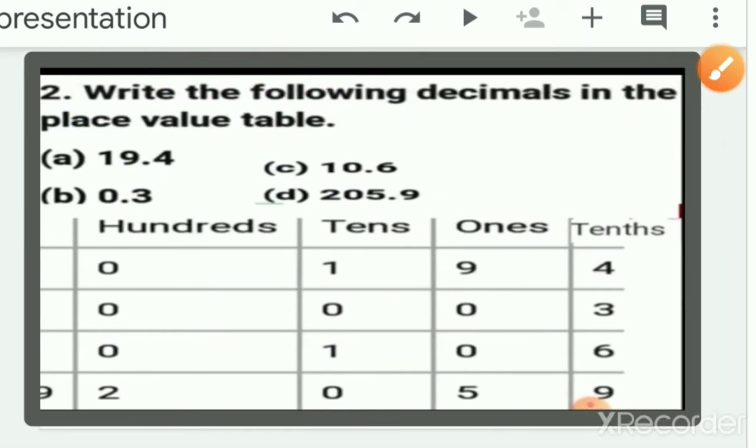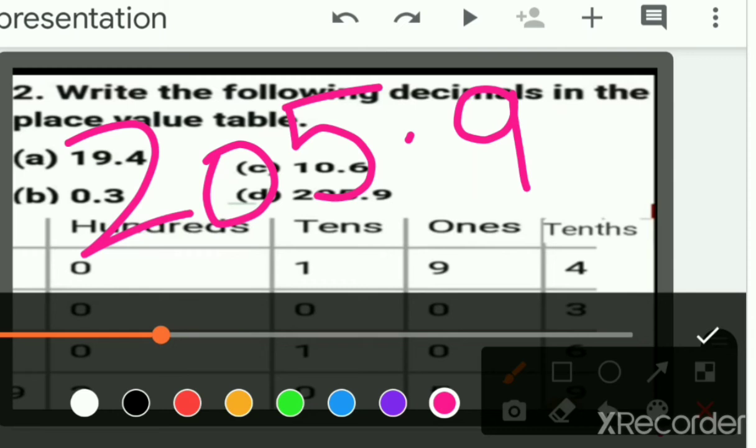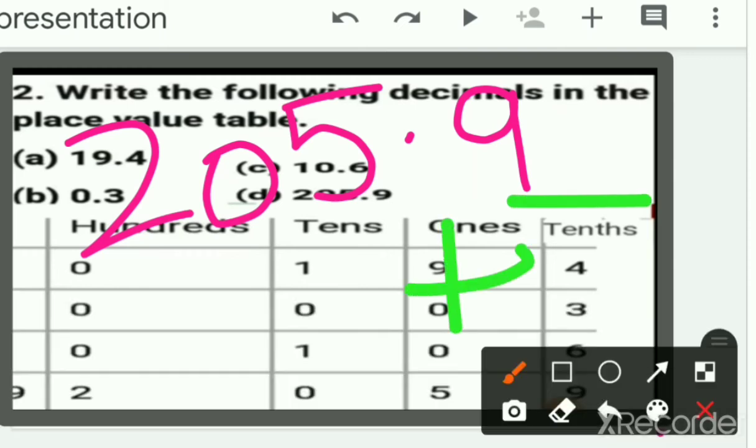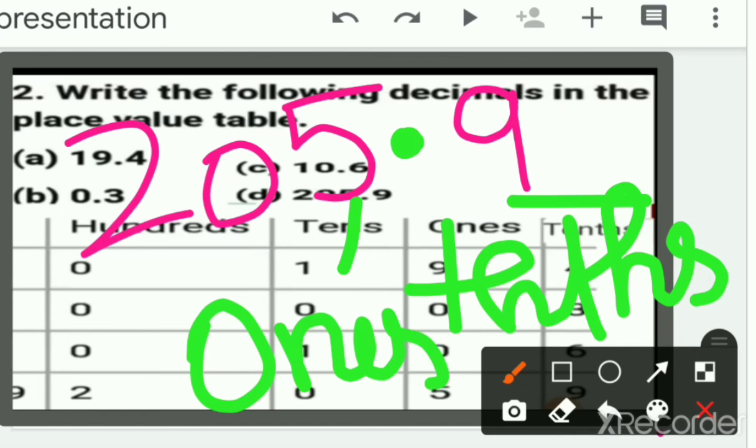Now we have 205.9. Which place is this? Tenths, because after the decimal point, this is the first place on the right hand side. And which place is this? This is the ones place. Which place is this?